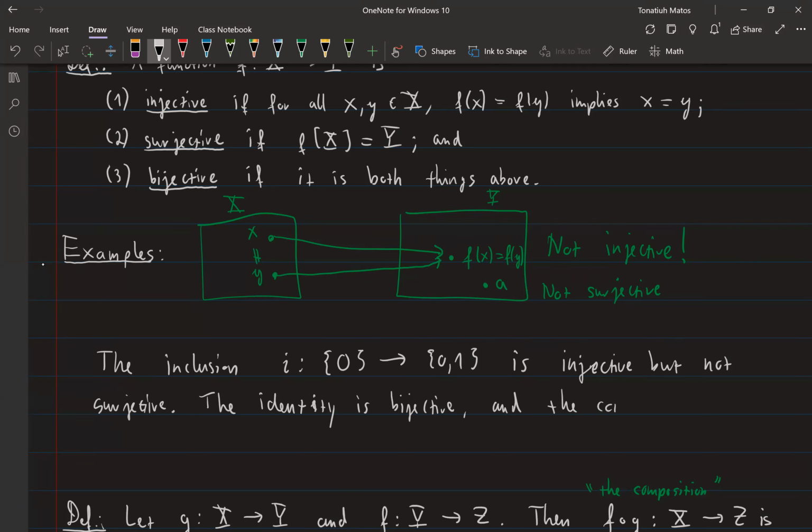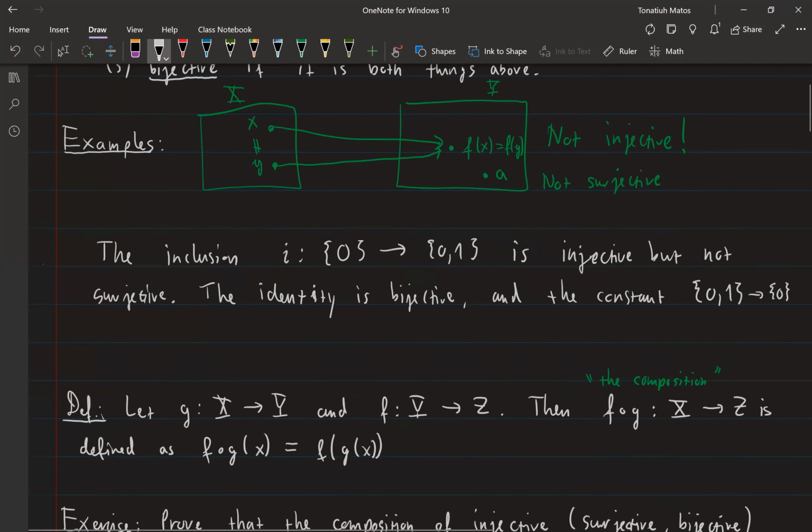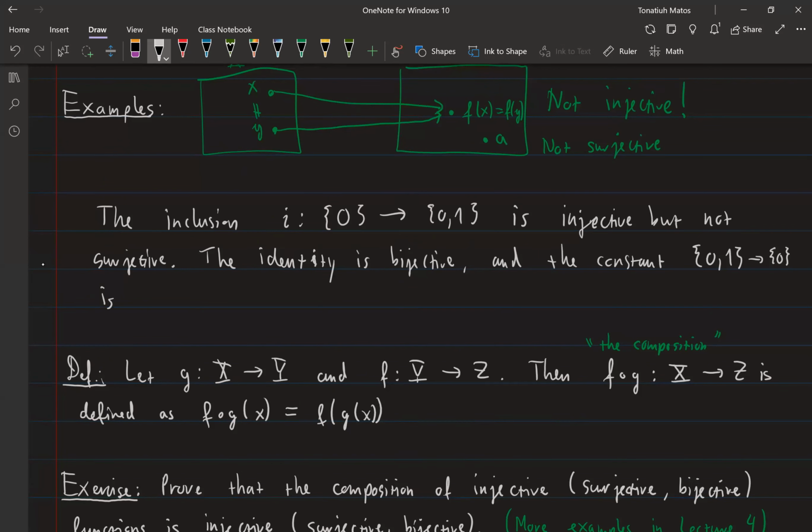And the constant function from {0, 1} to {0}, there's only one constant, right? There's only one way to define a function there, so that's why I'm saying the constant function that does that is surjective, but not injective. Not injective because it sends everything to the same element, right? It's a constant function. Constant functions are generally not injective.